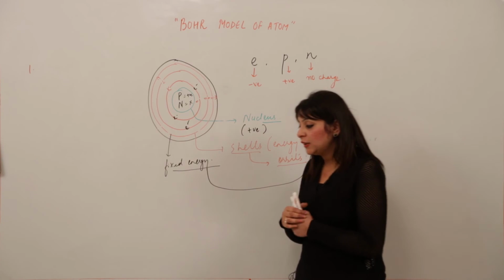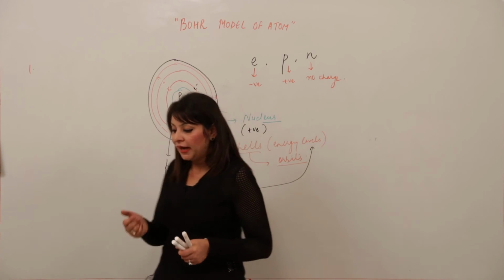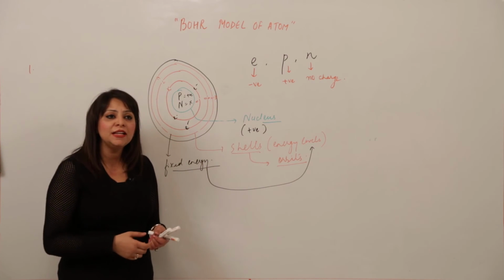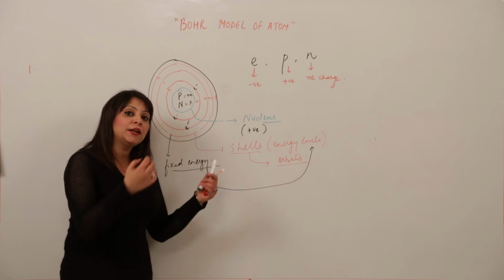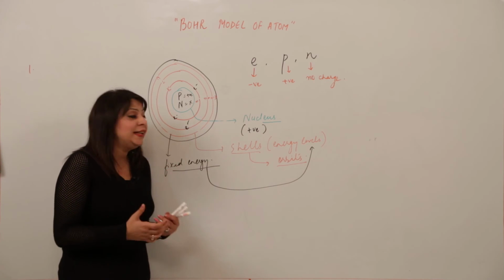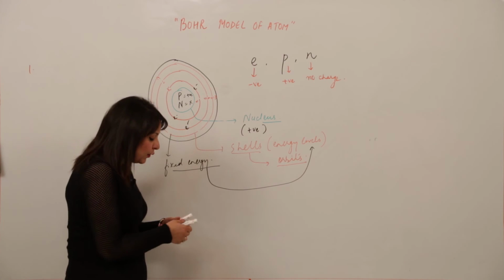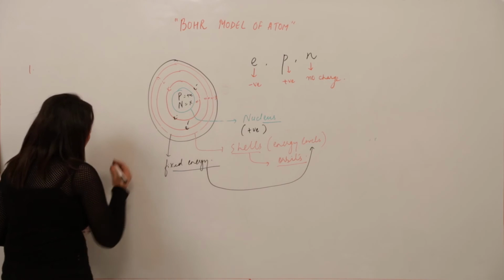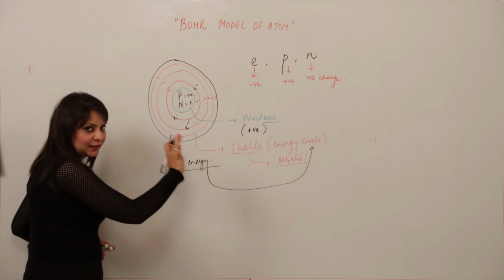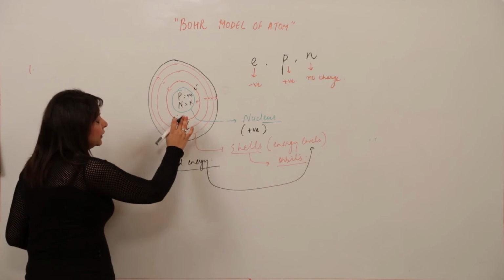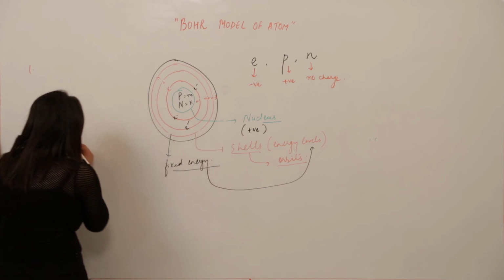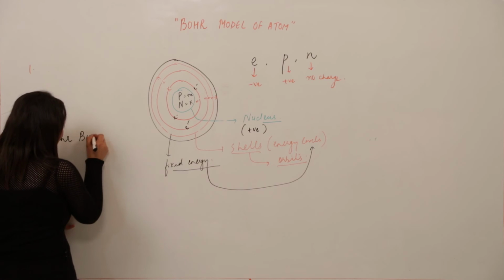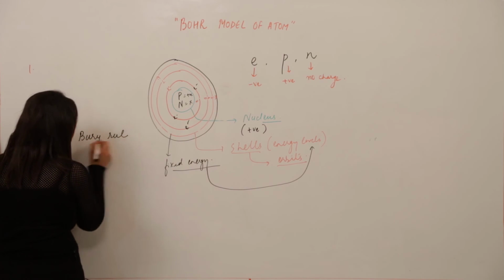Coming to the next point, it must be striking in our mind how many electrons we can put in the K shell, how many can be in the L shell, why can't we put all the electrons in a single shell, what is the need for so many shells? So how did Bohr resolve it? He said the electrons are present in orbits, but the orbits are filled by following the Bohr-Bury rule.